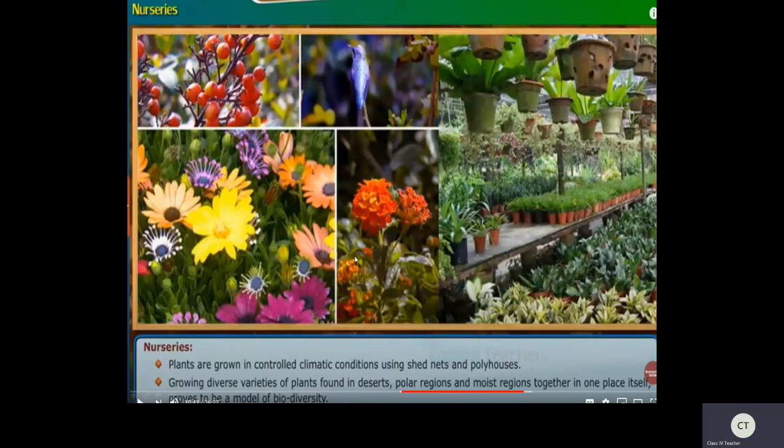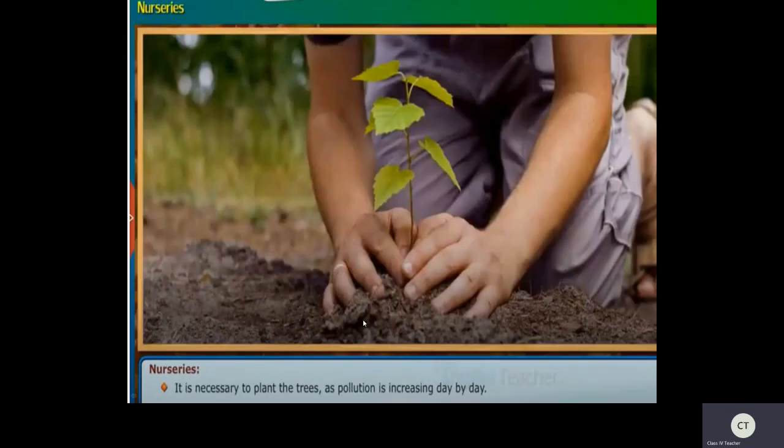The government is also taking a lot of care, providing different kinds of plants, preserving them, growing them, and also supplying them to the people to maintain the social forest. Right, children? Now see here, nurseries are very important, children, where we get different kinds of plants, and we should plant trees as pollution is increasing day by day.